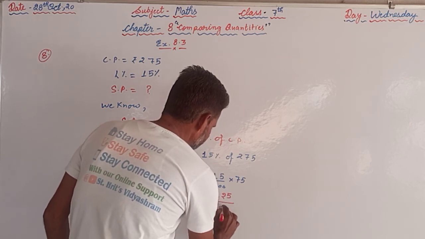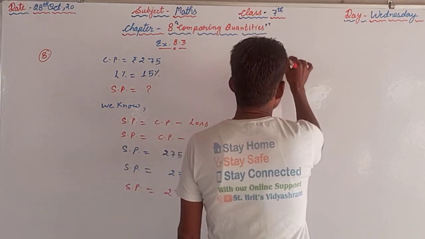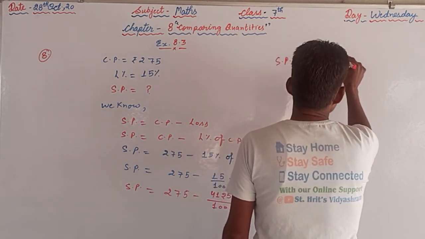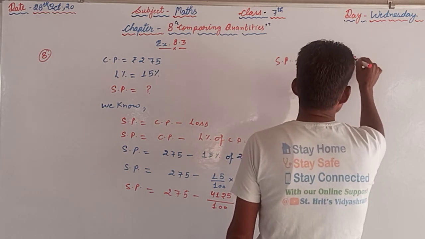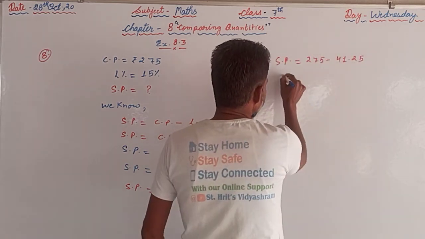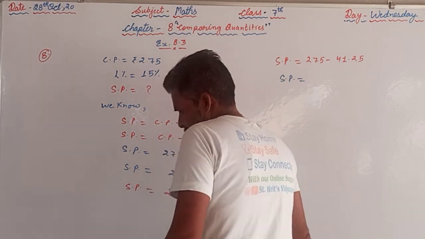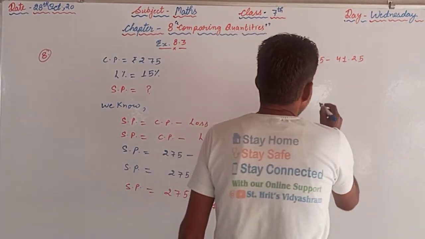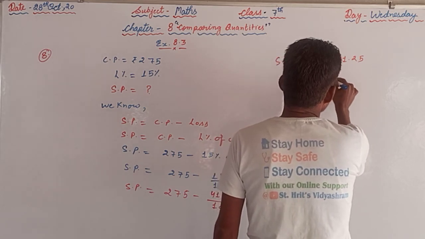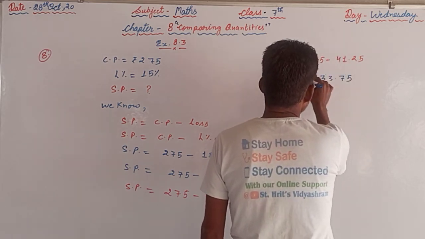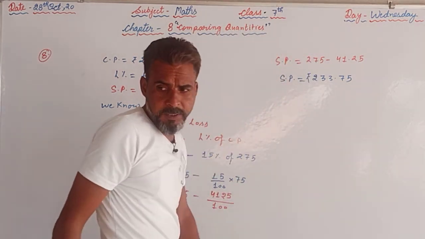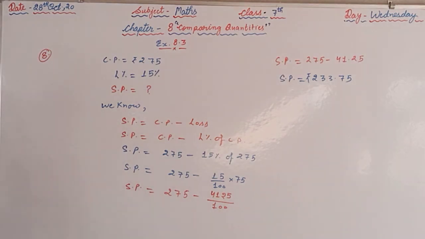upon 100, and that will be SP is equal to 275 minus 41.25, and then SP will be 275 minus 41.25, that is 233.75. 233.75 rupees is the selling price of that particular book.